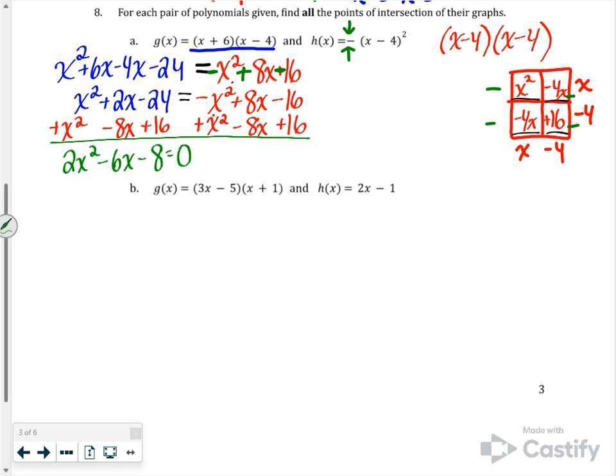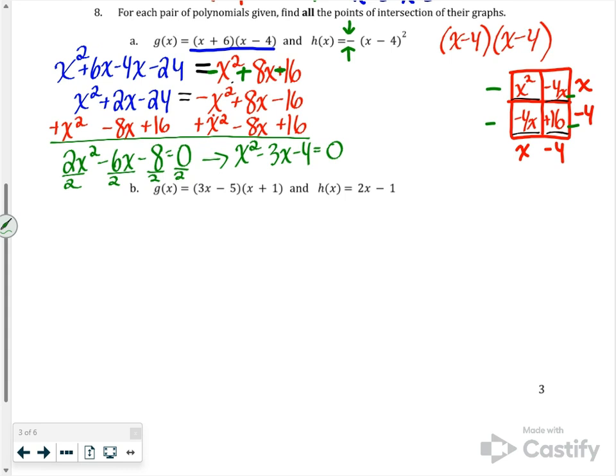So here is where we're going to use a strategy of dividing by 2 on every term, because each of those is divisible by 2, and we're going to make our lives easier by factoring out x squared minus 3x minus 4. And when that is equal to 0, we can solve and find the x values.